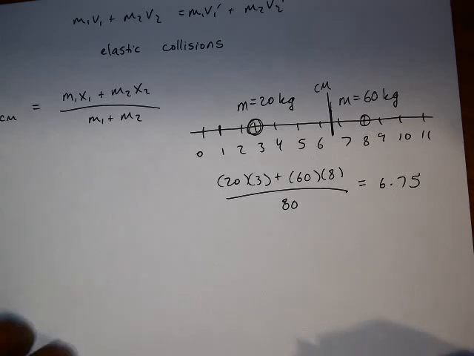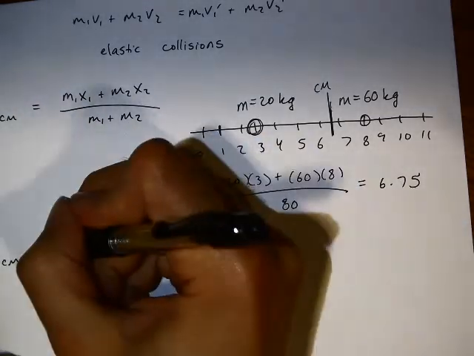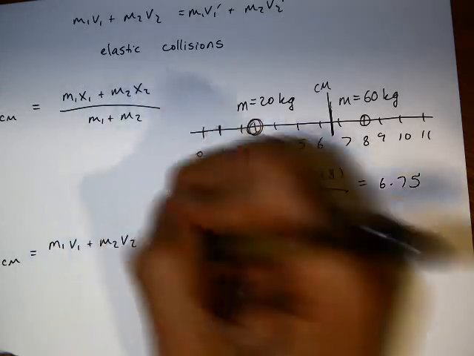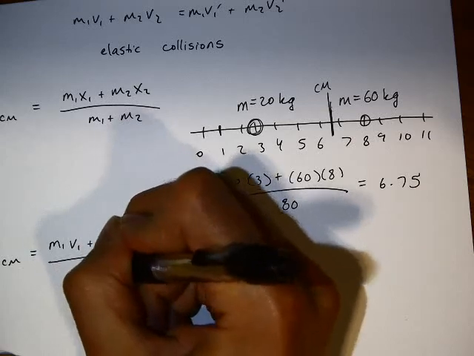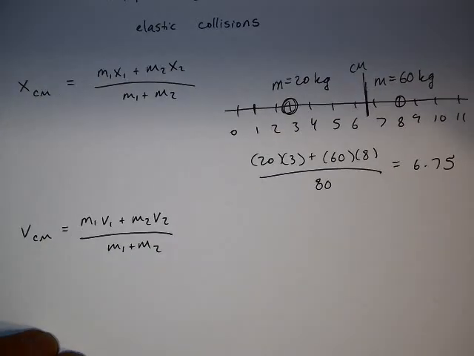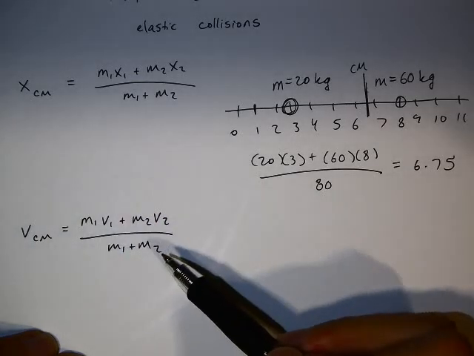And that's a useful idea for us. So we have the velocity of the center of mass, and it is equal to m1 v1 plus m2 v2 over m1 plus m2. Again, it's a sort of weighted average of the velocities. And this is a really useful idea.